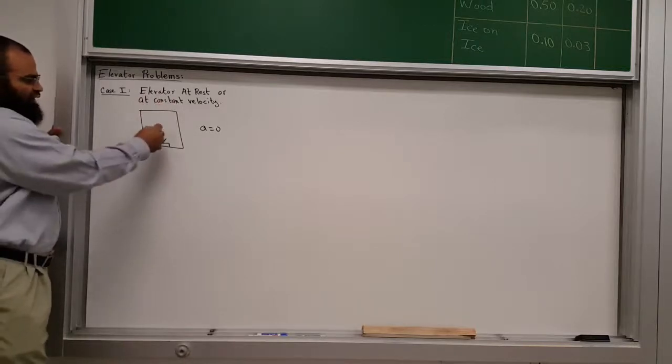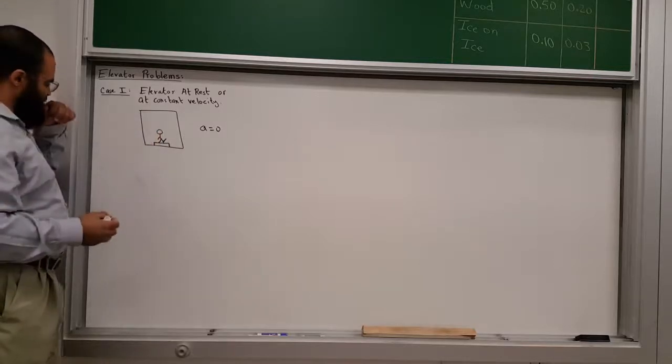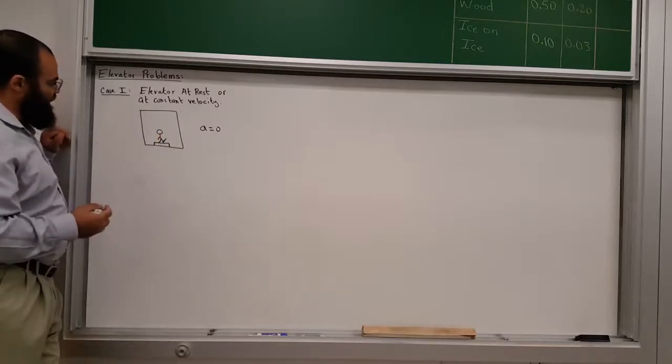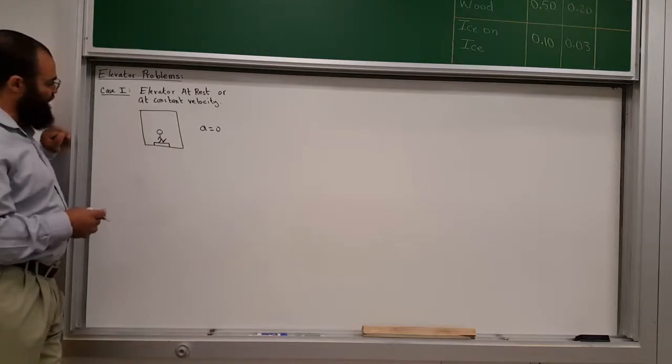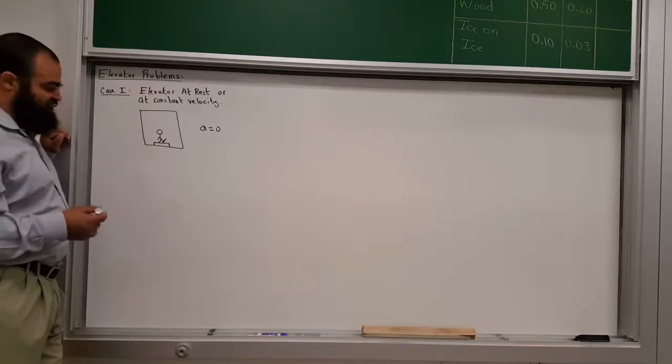velocity. So let's look at yourself here, for somebody who is looking at you from outside, and they think, well, you're at rest, or your acceleration is equal to 0, then by Newton's first law, the net force on you has to be 0.